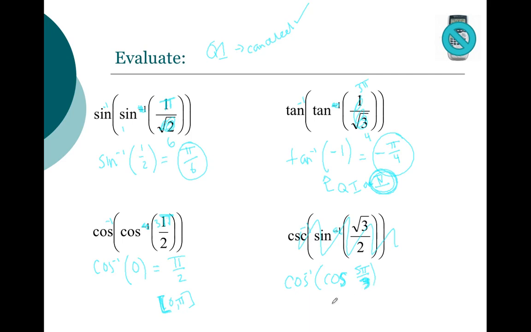So the cosine of 5 pi over 3 is going to be 1/2, and the cosine inverse of 1/2 is going to have to be in quadrant 1, isn't it? The cosine inverse of 1/2 is going to be pi over 3. Right? So these are a little bit more challenging, but I do think it is good for you guys to start thinking about some applications of inverse and why you're not always just assuming things are canceling.